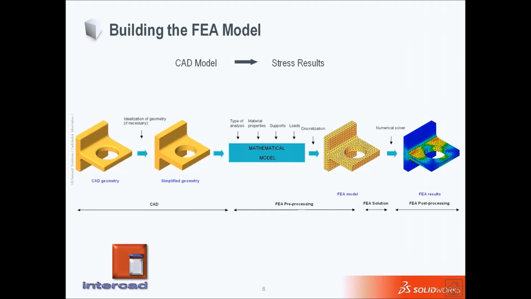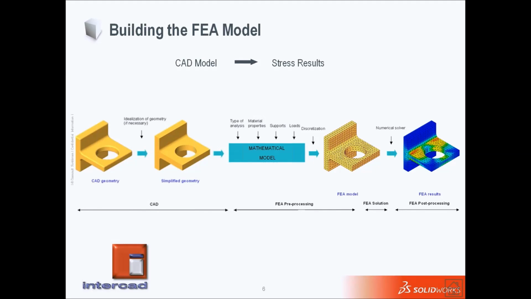So basically, loads and supports are applied on the nodes, on the boundaries, and the solver will get that input data and solve through the whole domain. This is where the third step comes in. So FEA solution, where a numerical solver will solve the appropriate equations through all elements.